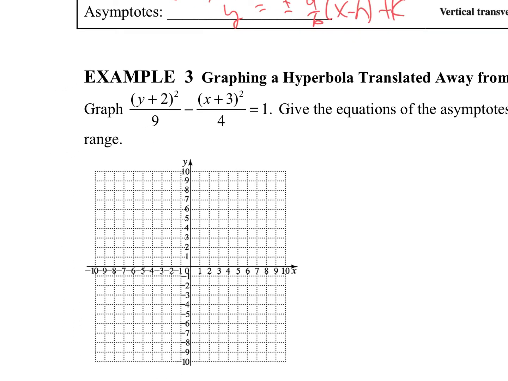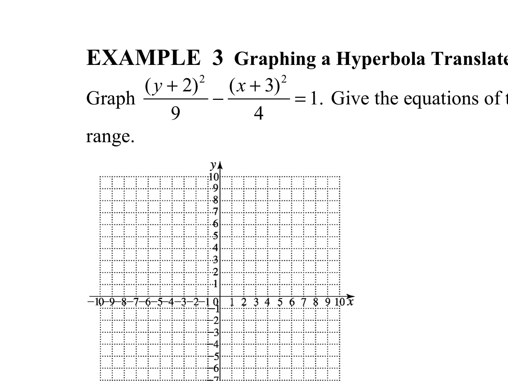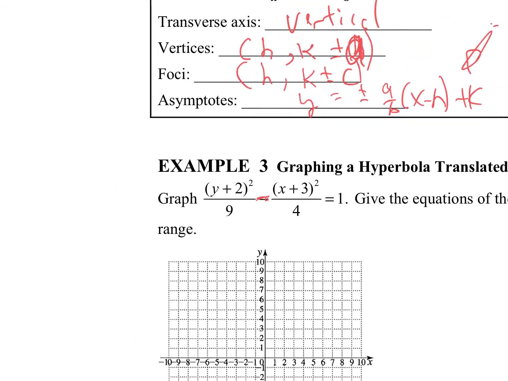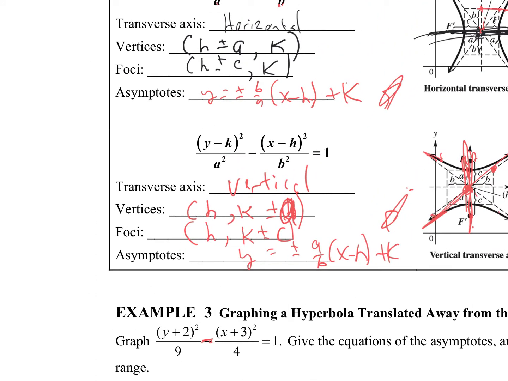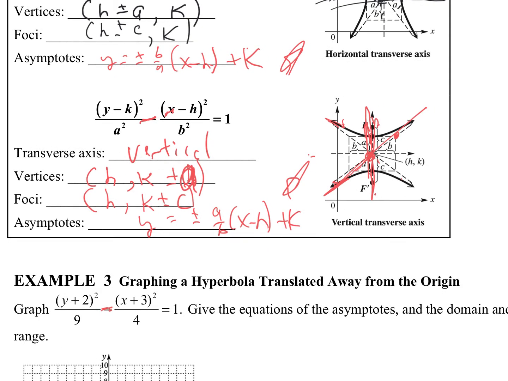Okay, so here goes. What did I say? If the x is being negative, is that going to be a horizontal in my book or a vertical? Okay, if you have to have a cheat sheet at first, it's okay. When the x was being with a minus, that told me that there is a blank line in the middle of it with nothing there, and it's horizontal.